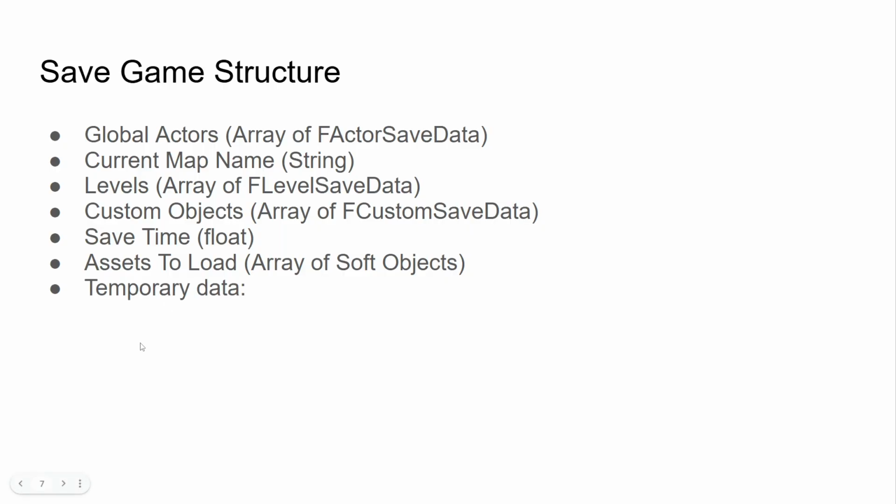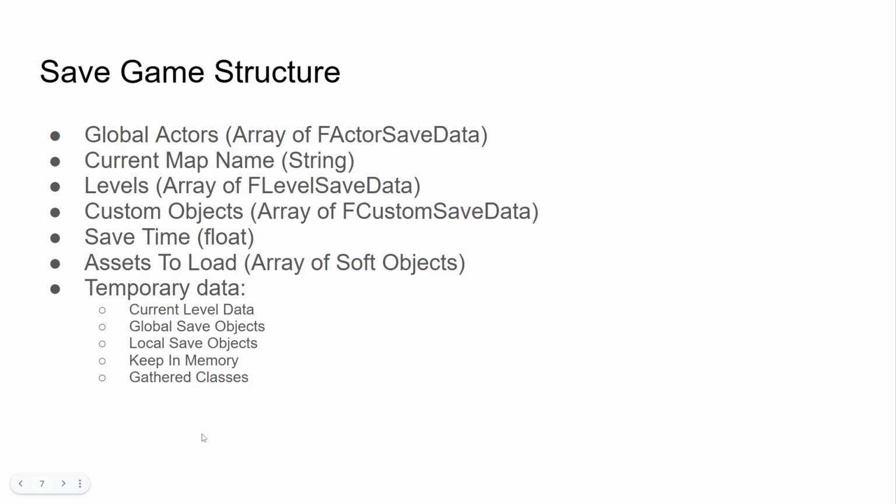Temporary data is just for during the saving process. Some data gets saved, like current level data and global save objects. These are the arrays that determine the index for the objects. Then when it's loading and restoring, it keeps certain assets in memory so that it won't accidentally release them and then load them again.